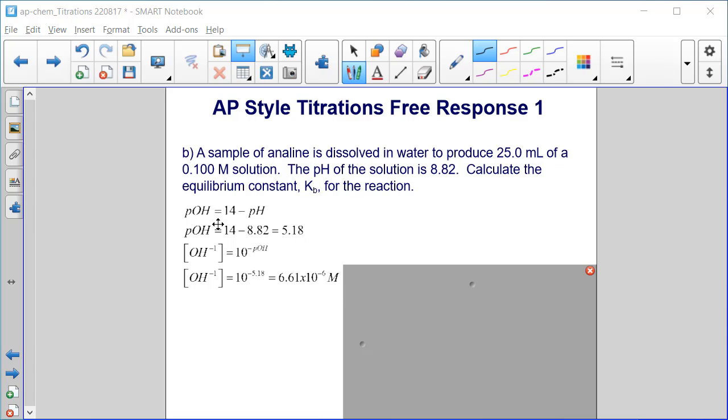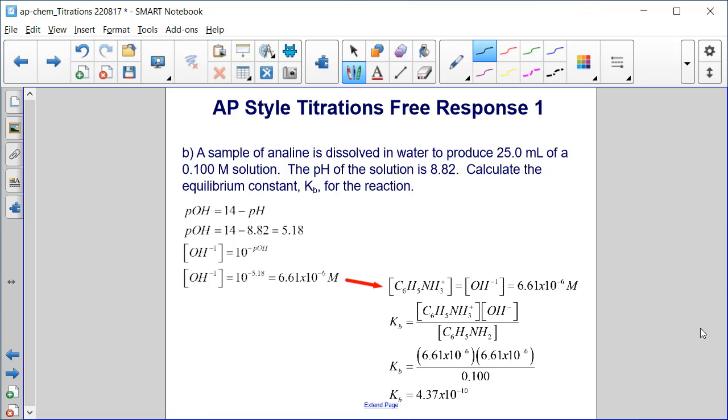I find the pOH by subtracting the pH from 14. I get 5.18. And then to find the hydroxide concentration, I just do 10 to the minus pOH, or 10 to the minus 5.18, to get a hydroxide ion concentration of 6.61 times 10 to the minus 6. Now, why is that important?